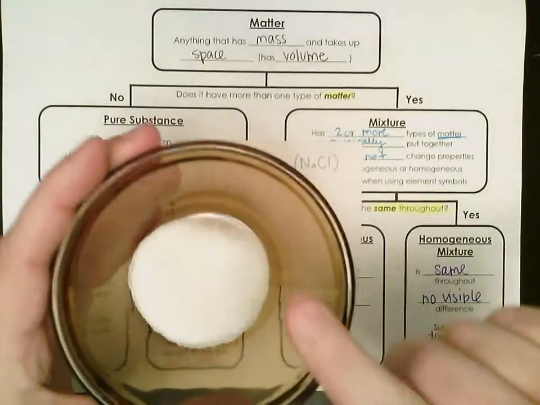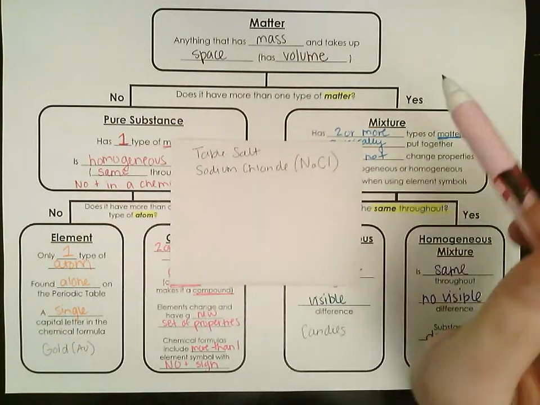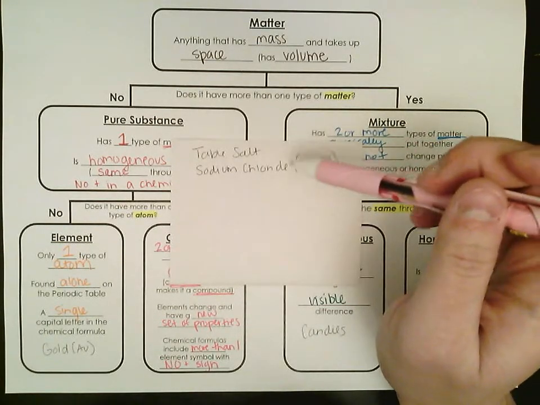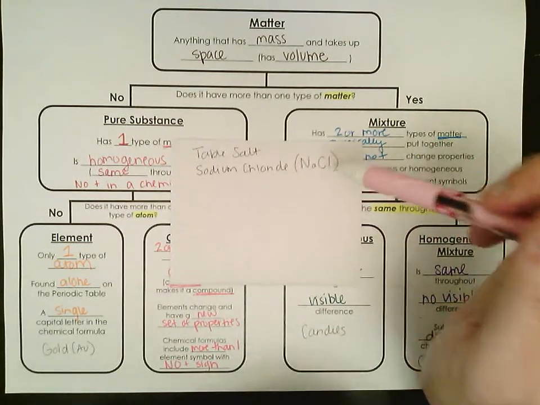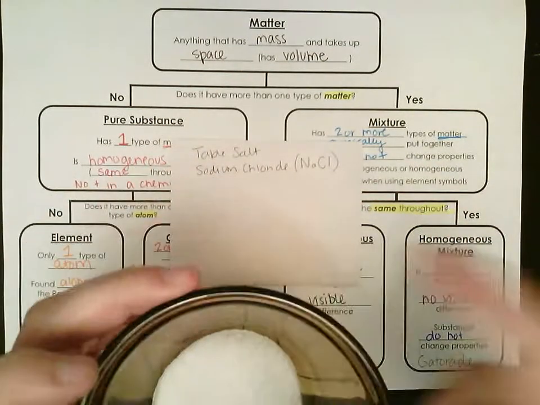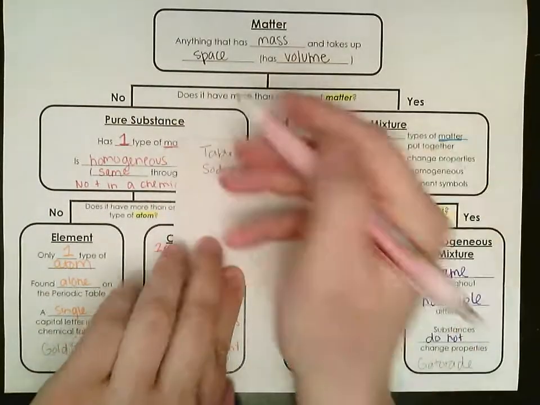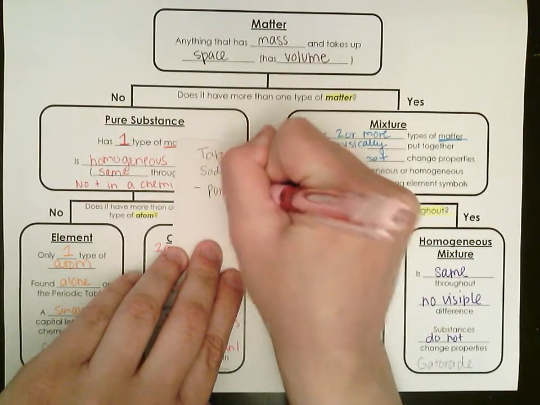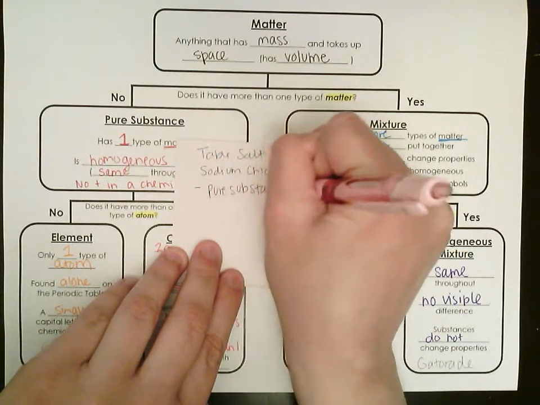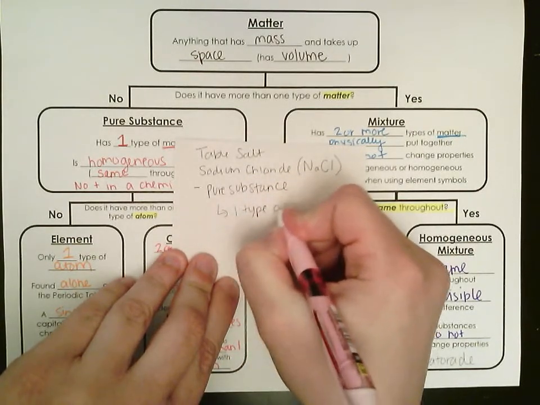So lots of times whenever I give people the chemical formulas, when they get a little confused here, don't let that throw you off. There's no plus sign, so this is only one type of matter. It's just sodium chloride, nothing else. So does it have more than one type of matter? No. So our first thing is that it's going to be a pure substance. One type of matter.